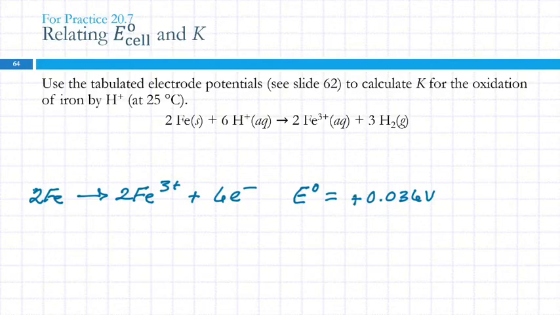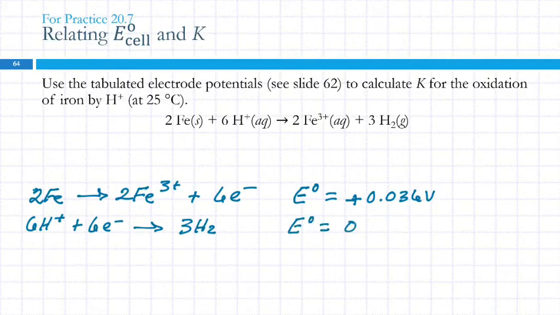So it's positive. The other half reaction, 6H plus plus 6 electrons going to 3H2, that's the one that we decided to use as 0. So our standard cell potential here is positive 0.036 volts.